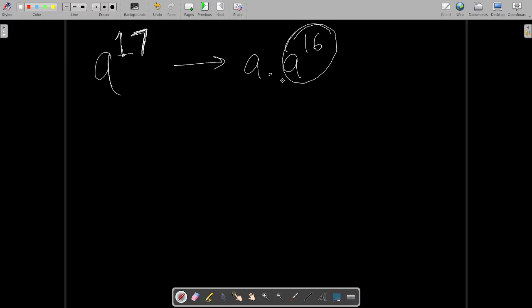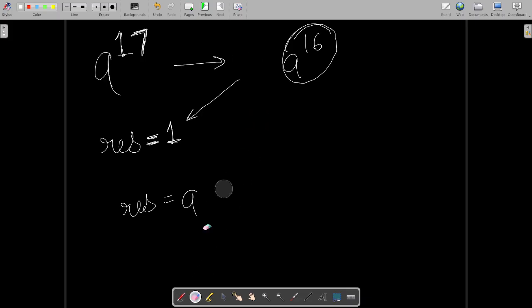Now algorithm wise, how you do it is, you maintain a variable called res, which is equal to 1 first, and every time the power is odd, you multiply your current a to this res. So if it was 17, res becomes a, and you can remove a from here, and you can keep doing this again.